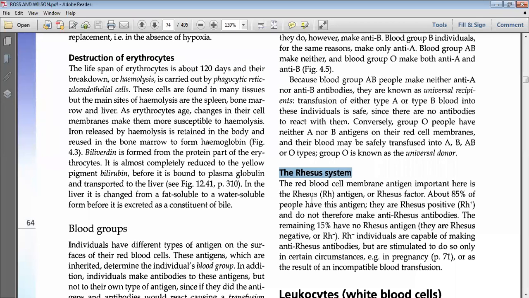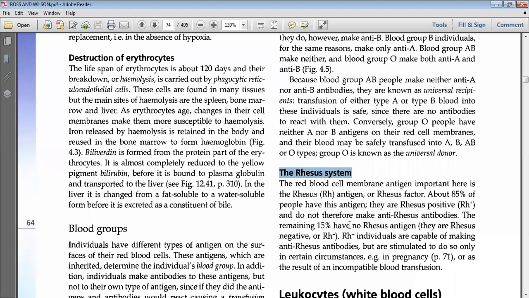So this is called the rhesus antigen, the red blood cell membrane antigen. Important here is about the rhesus antigen or rhesus factor. About 85% of the people have this rhesus antigen. They are called rhesus positive, that is Rh positive, and do not therefore make anti-rhesus antibodies.